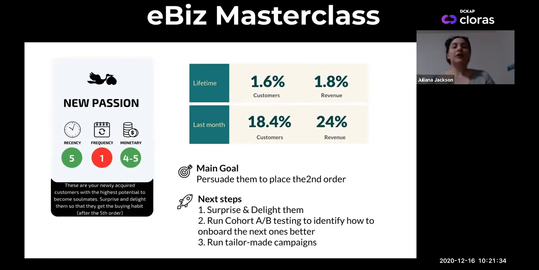Okay, this is another group that's very interesting because these are the new passions, and it's usually customers that you just recently acquired but have a nice order value. So this is first-time purchasers. For these ones, it's very important that you look at their order value and understand the potential that they have to become soulmates or lovers. They have the potential to be repeat customers.